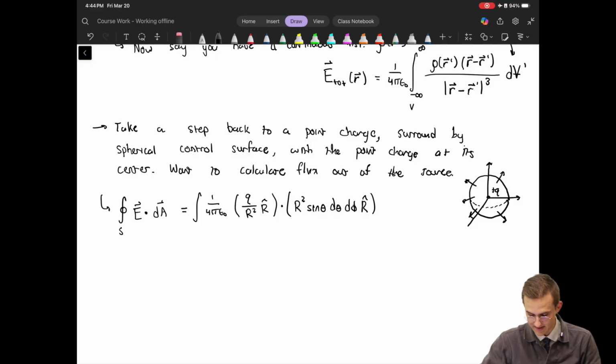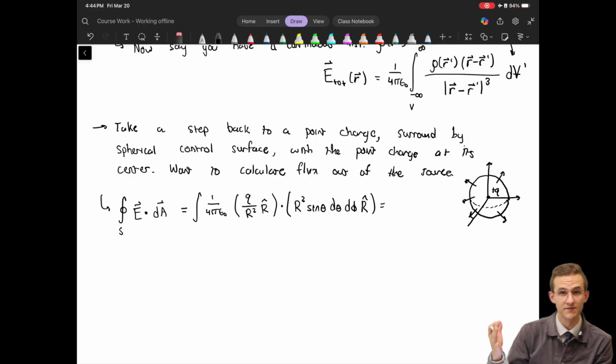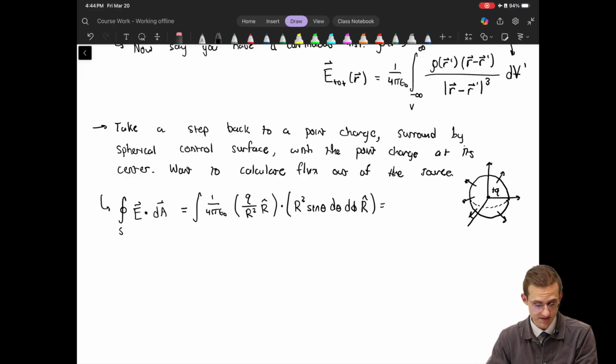So that's what the outward facing normal surface element on the surface of the sphere looks like. It's R squared sine theta d theta d phi. Hopefully you remember this from your multivariate calculus, doing integrals in different coordinate systems. It's just spherical coordinates. And you can see that there's this really convenient thing that happened here.